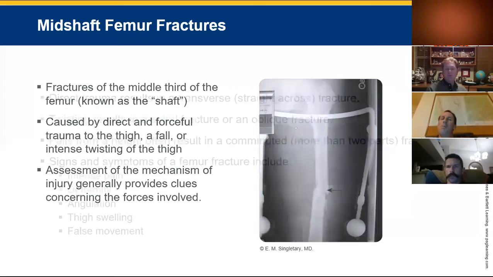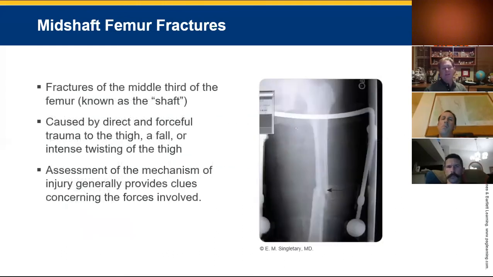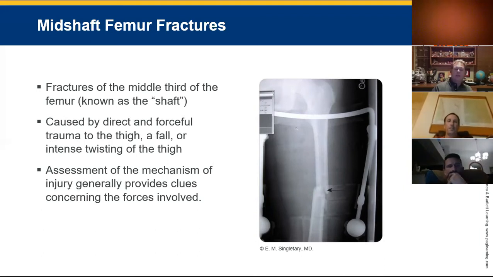Once you apply that traction, it usually releases that muscle spasm, and they get that relief. That's the whole purpose of the traction splint: pulling that bone back, securing it, and helping to release some of that spasm.